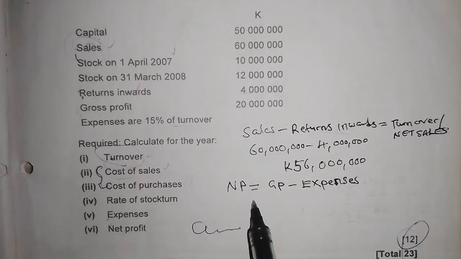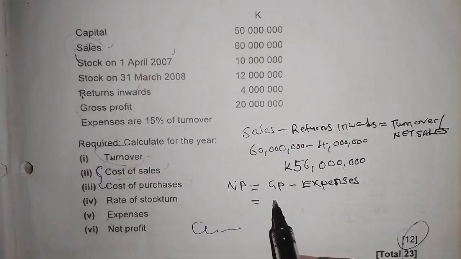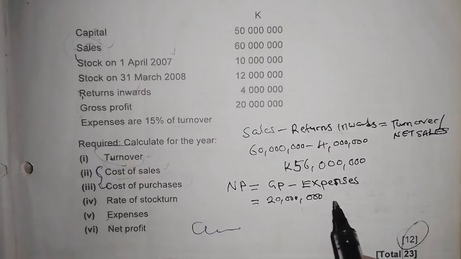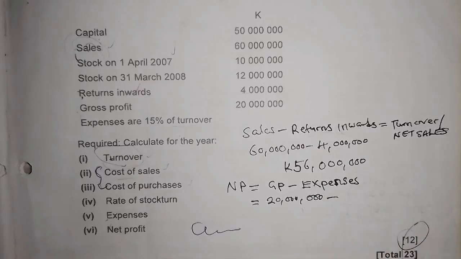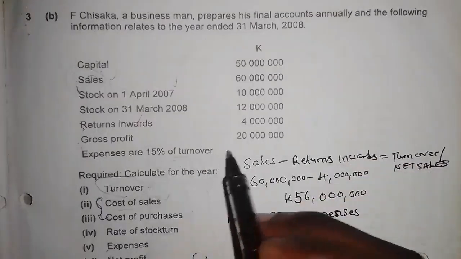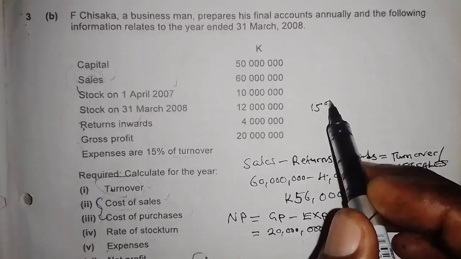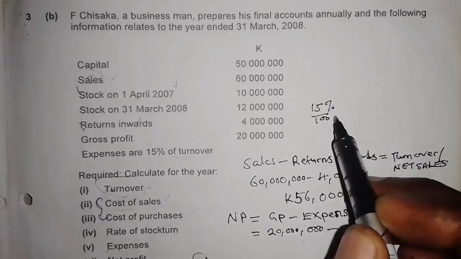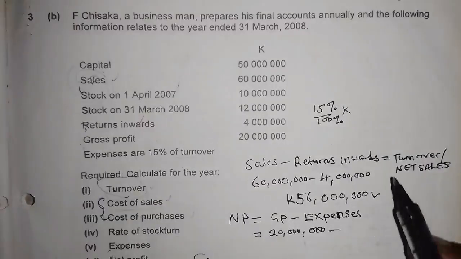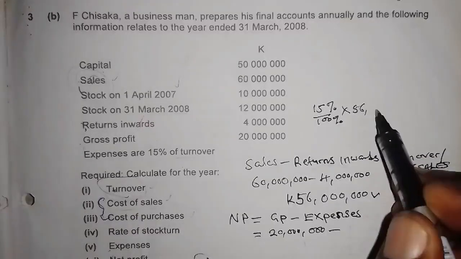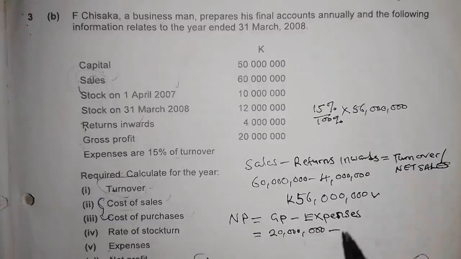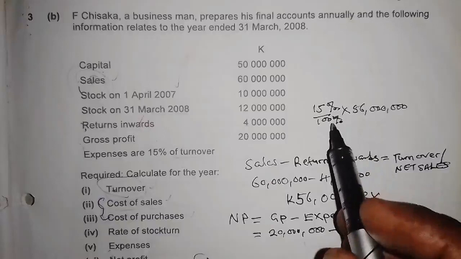So this will give you gross profit of 20 million, minus the expenses, which is 15%. So 15% out of 100% multiplied by the turnover, which is 56 million.